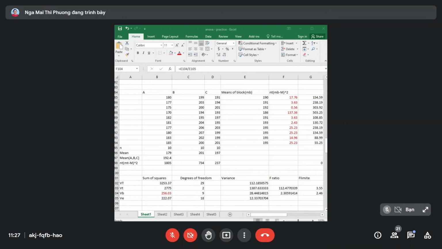So you will compare the F ratio with F limit. Because for the first case, the F ratio is 112, which is bigger than F limit 3.55, you reject the H0, and it means that there is action of block.